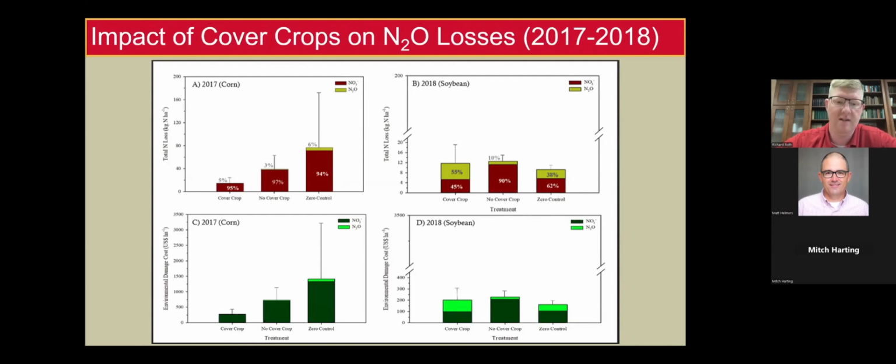And the proportion didn't really change in that year. But on the right-hand side, figure B was our soybean year. And if you look where it says cover crop, you can see that we had significantly higher nitrous oxide emissions in our cover crop system than where we didn't have cover crops, and we saw almost no difference in total losses. It was just the proportion, so where it came from, that changed.